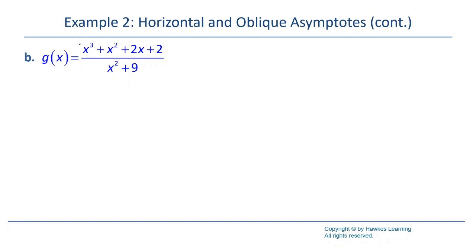Now again, just to make this a little bit easier, if you want to, you can write this as 1. And so n is equal to 3 and m is equal to 2.